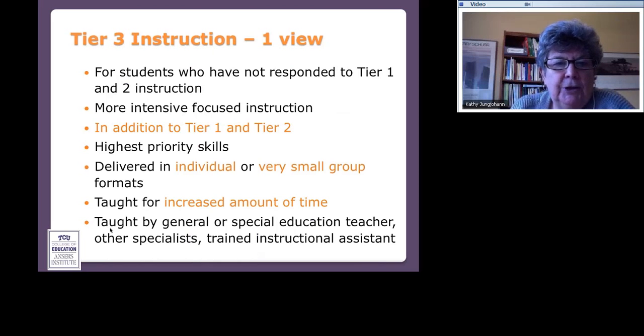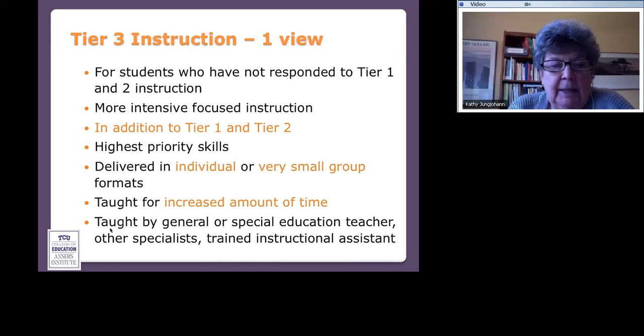So think about Tier 2 as students who still receive Tier 1 instruction, also receive Tier 2 instruction, but then for the highest priority skills in Tier 2, they may need additional practice, either delivered in an individual format or an even smaller group format. And that would add an increased amount of instructional time focused on these high priority skills.